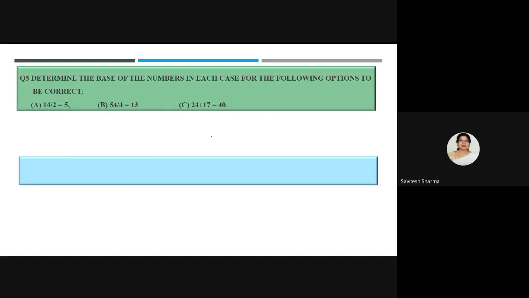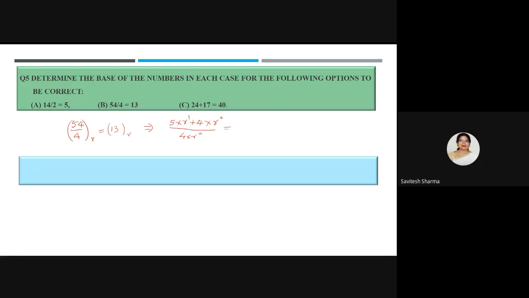Same thing you will do for the second case. The second part is 54 by 4. Assumption again, I am taking it as base R. The approach is the same, only you have to remember that you are applying expansion. So all questions are not the same. See the difference.